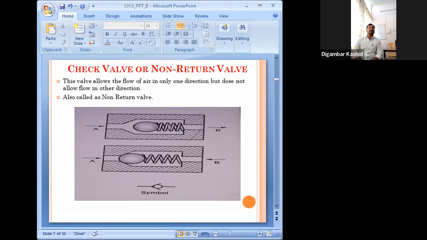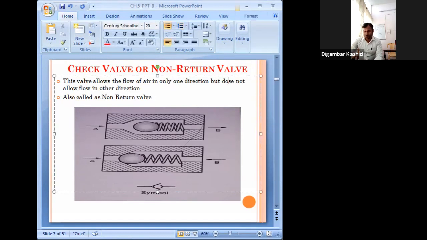Please remember, as the check valve blocks the reverse flow of the fluid, it is also called a non-return valve. This is the simplest type of direction control valve, and it allows the flow of air in only one direction but does not allow flow in the opposite direction. Please remember.